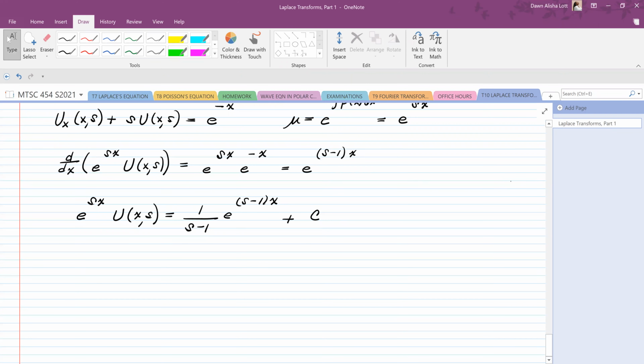So therefore U of x and s becomes 1 over s minus 1 e to the s, when I multiply by minus s, I'm going to get e to the minus x plus a constant e.